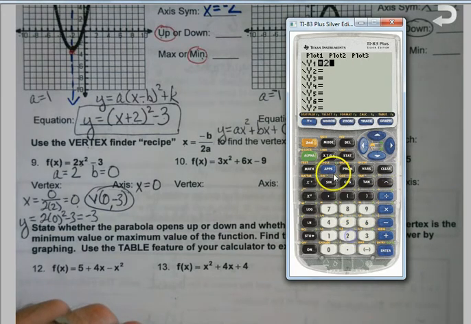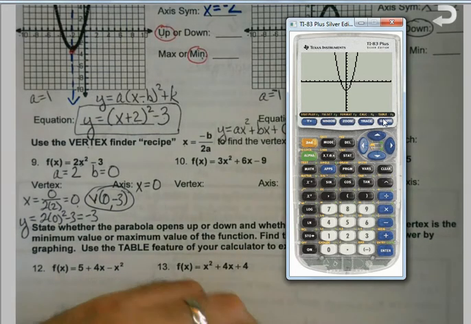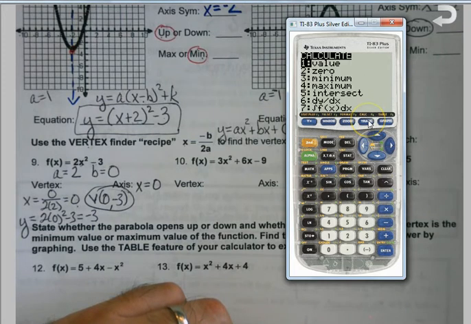If I take my equation, whatever it happens to be, and type it into my calculator and graph it, you're like, okay, so what? Well, there is actually part of my calculator a way to find out what a min or a max is, and here's how it works. Once I get it set, I hit second and then I hit trace, which is going to get me the calculate function here.